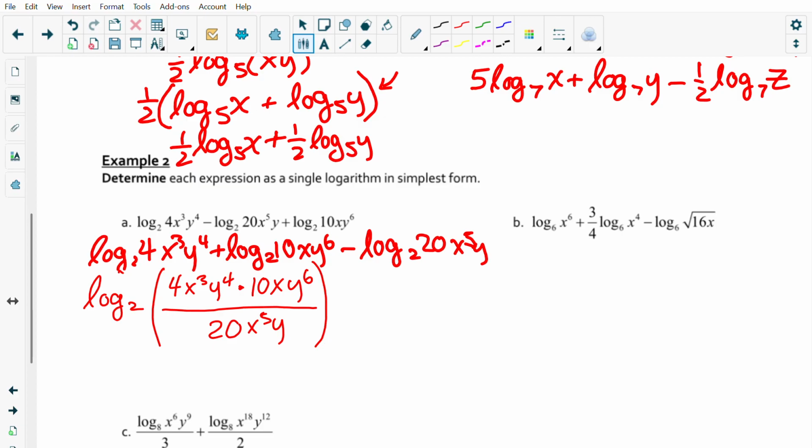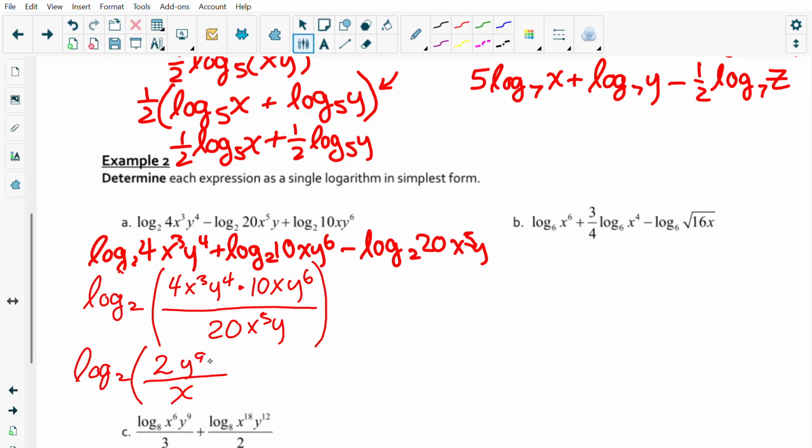Okay, and then the last part is, let's simplify everything. So that's log base 2 of, in the numerator I have 4 times 10 is 40, divided by 20 is 2. In the numerator I have x to the 3rd and x, that's x to the 4th, but there's an x to the 5th in the denominator, so I'm going to put an x in the bottom using my quotient law for exponents. y to the 4th and y to the 6th is y to the 10th, divided by y to the 1st.